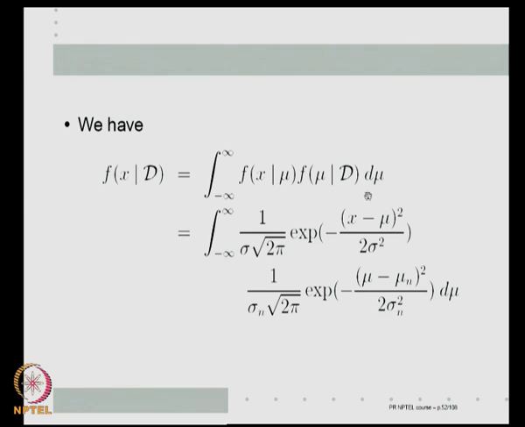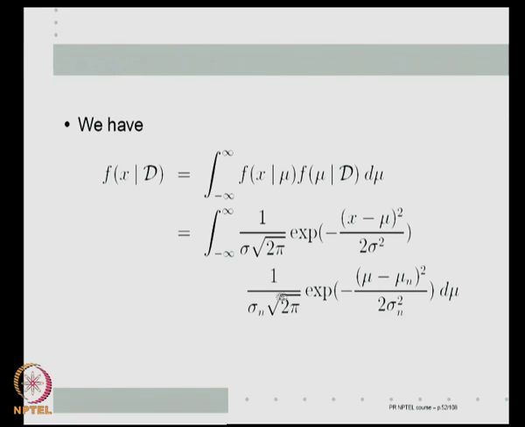Of course, this looks like a complicated integral. What I have is a quadratic in mu here, right. x survives the integration. So, there is a quadratic in mu here, and mu n and sigma n are given. So, ultimately I get some constant times exponential of a quadratic in mu.